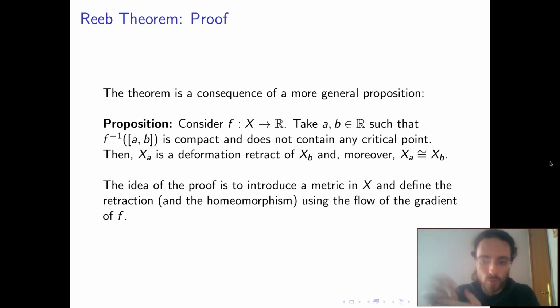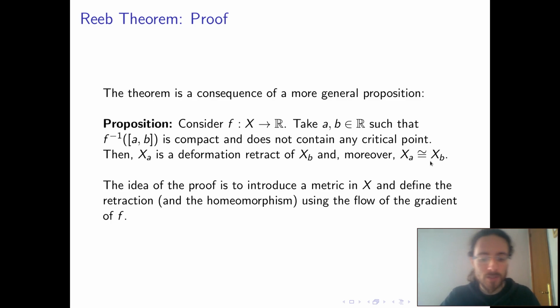These are smooth manifolds, topological manifolds and everything. Also, if a is lower than b, which is our choice here, then XA is contained in XB. This is easy to see. Then XA, the small set, is a deformation retract of XB, and moreover they are homeomorphic.